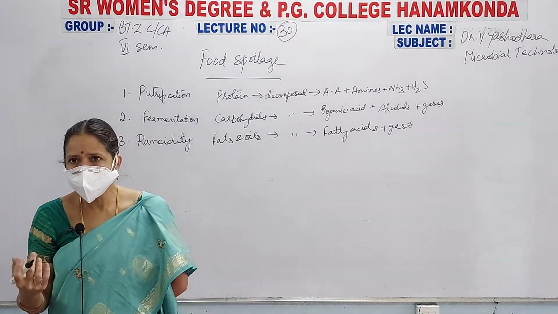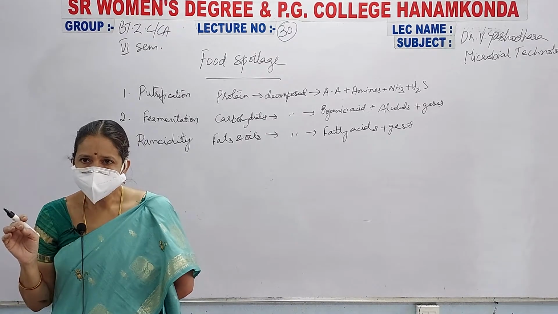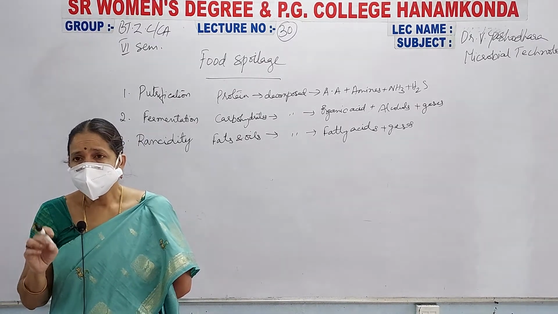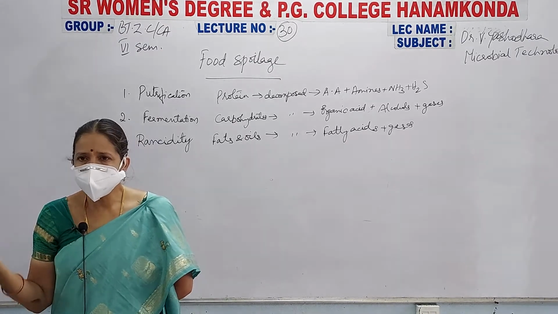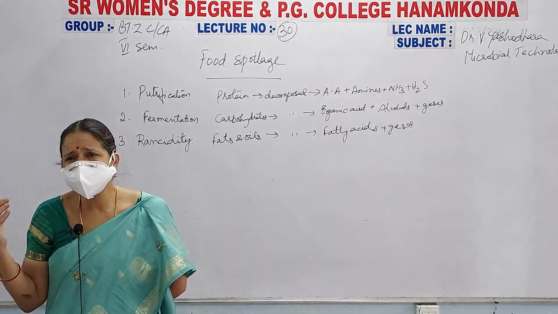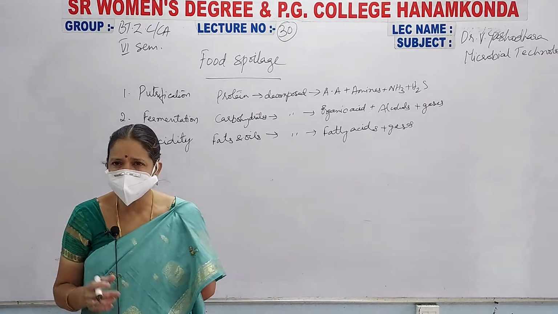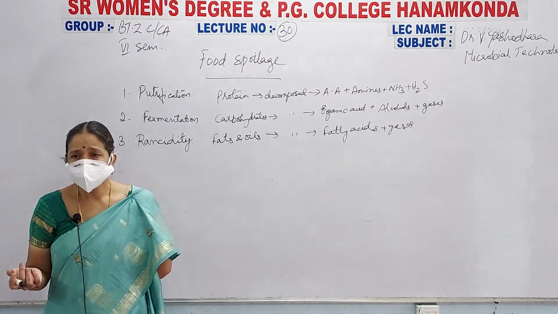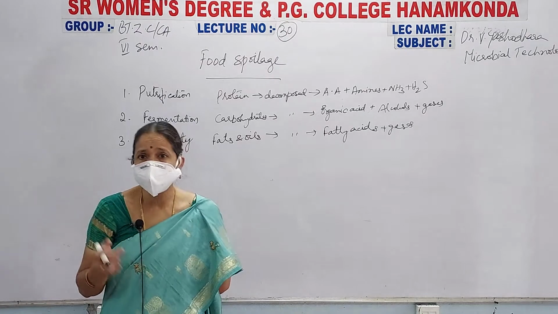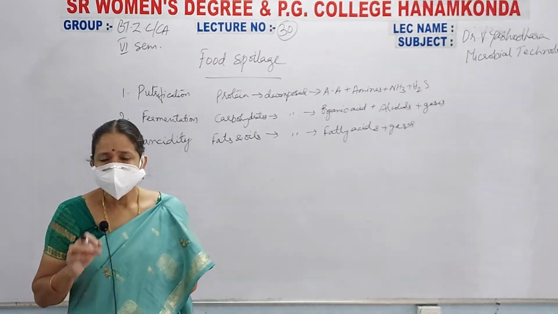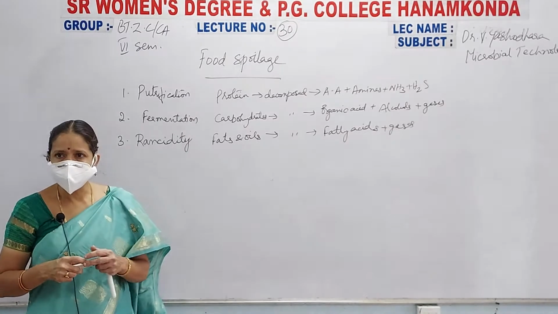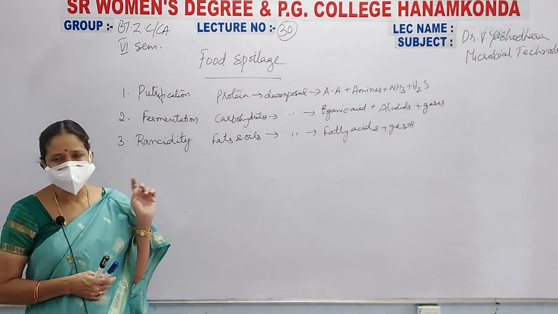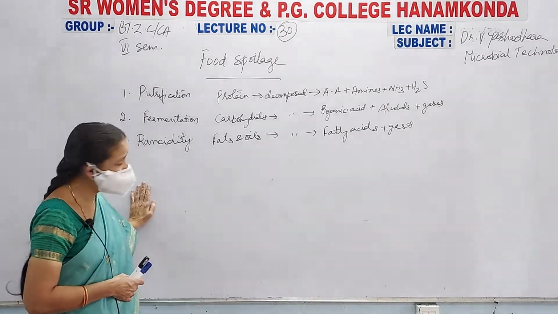Suppose you take some oil and put some water in it. Within 1 or 2 days the oil will start giving a foul smell, so that oil cannot be used for human consumption. That is called rancidity. The spoiling of fats and oils is called rancidity. These are the 3 methods.